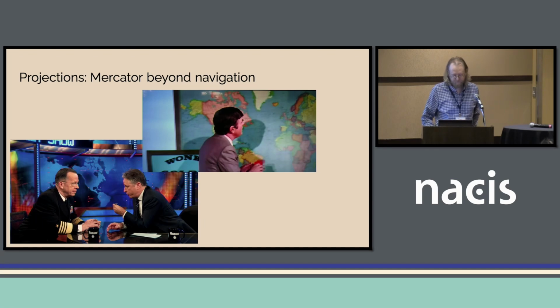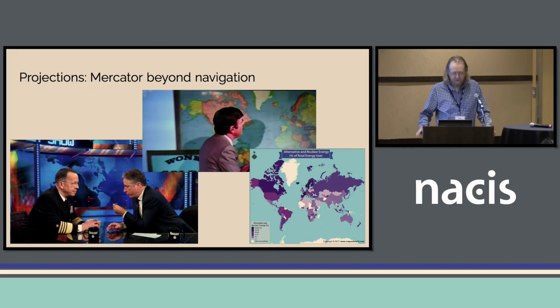Due to its distortions and misuse, the Mercator projection has had many critics ranging from Max Eckert to the Surrealists, but nothing compares to the controversy sparked by Arno Peters.